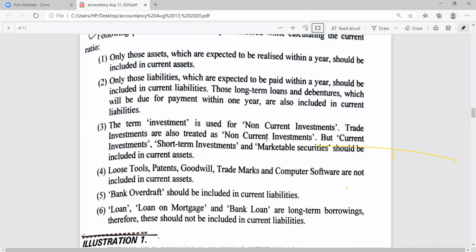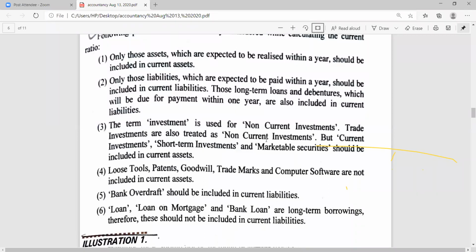The term investment is used for non-current investment. Trade investments are also used as non-current investment, but current investment, short-term investment, and marketable securities are included in current assets. Please mark this point and learn it very carefully.